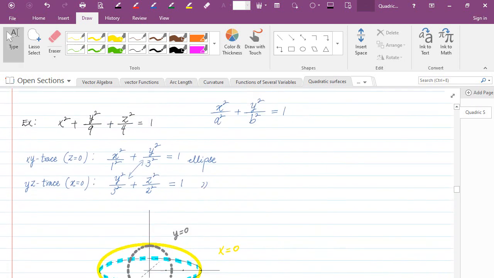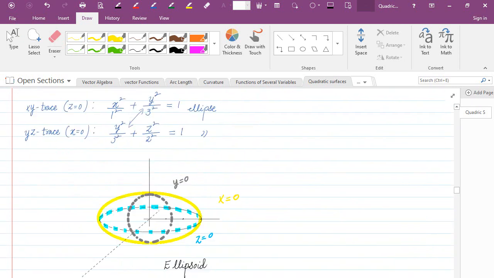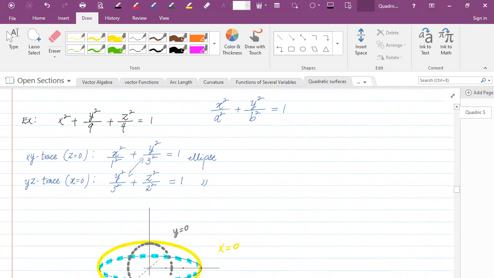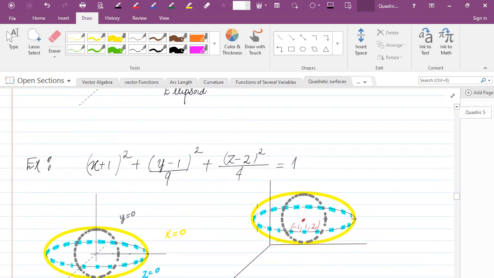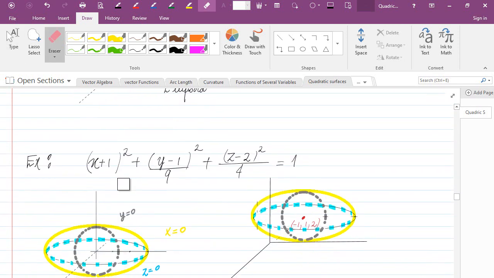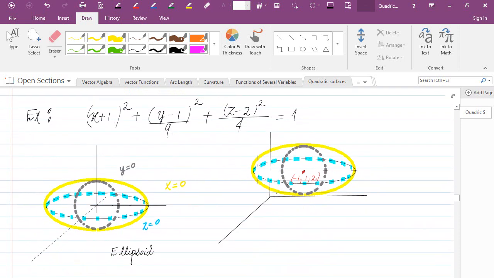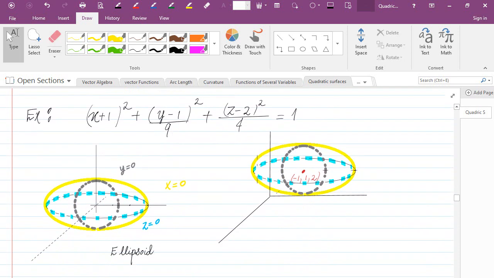We are actually adding 1 to x here, subtracting 1 from y, and 2 from z. So this equation is the same as the previous, except that we are adding 1 to x, subtracting 1 from y, and subtracting 2 from z. What's the graph of this equation? Well, the graph of this equation would also be an ellipsoid. The only difference is the position of the ellipsoid.